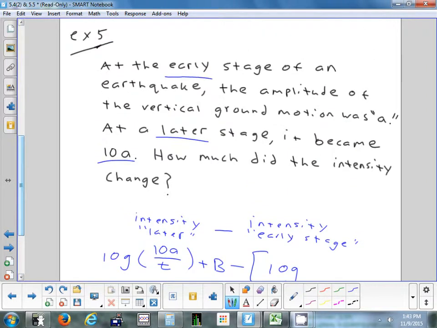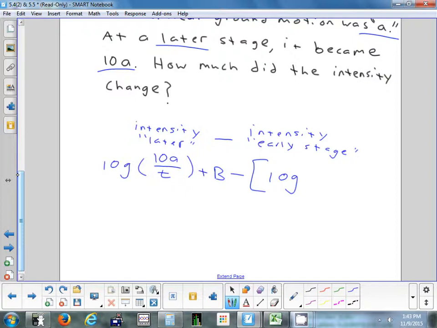Yep, early stage, it was A. Right, so that's A over T plus B.